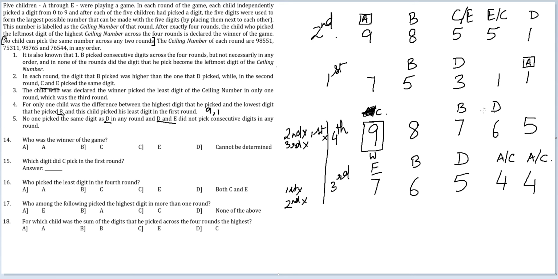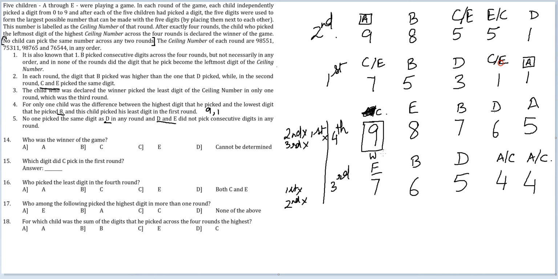If this is C, A or C here, that is okay. Fine. For the fourth round, I also know D and E don't get consecutive digits, so this will be E. If this is E, A is left. Okay, A is here. Now what am I left with? The first round, I'm just left with 7 and 1 identification.